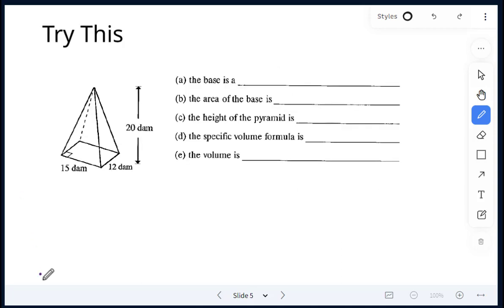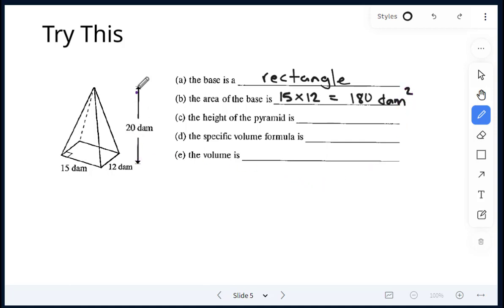Good. All right, so for this example, we're going to start with what is the base? The base is definitely a rectangle. The area of the base is going to be 15 times 12. So I'm just going to show that I'm doing 15 times 12, which is 180 decameters squared.